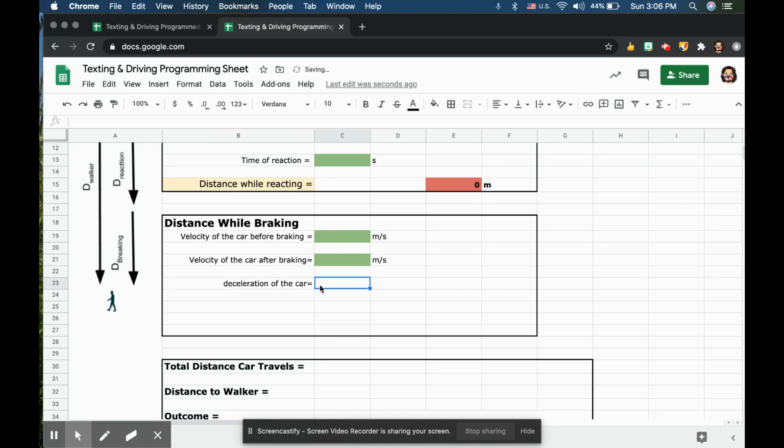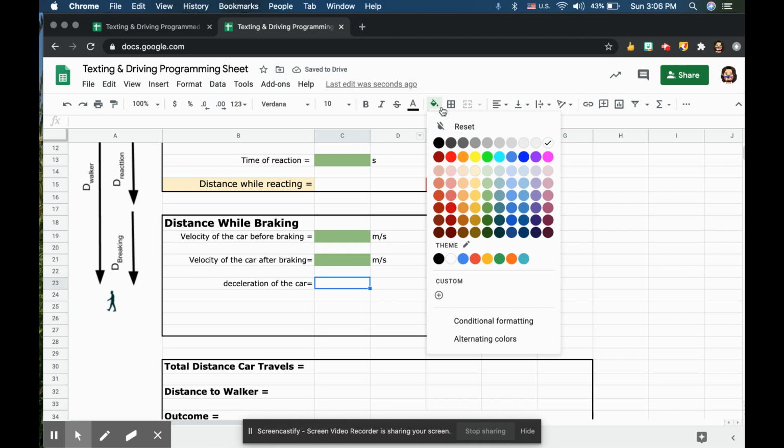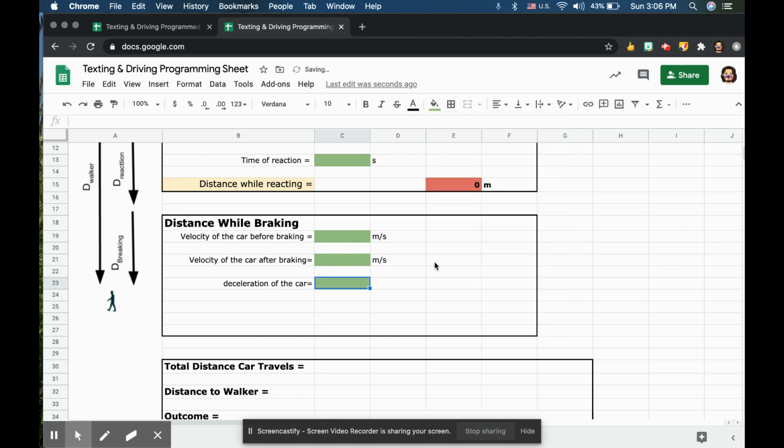I'm going to slide over to C23, once again change the color to green, slide over to D23 and put my units, which is meters per second squared, because this is acceleration. It's just a negative value for acceleration, but the same unit. After I have that, I'm going to skip a line once again, and I'm going to do time of braking.